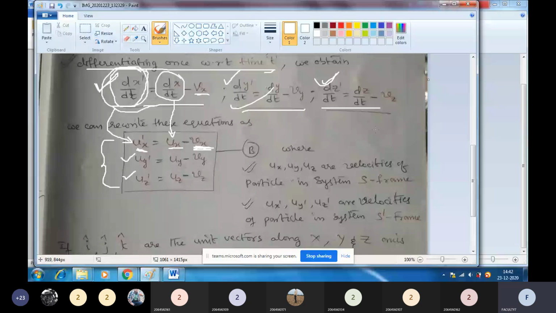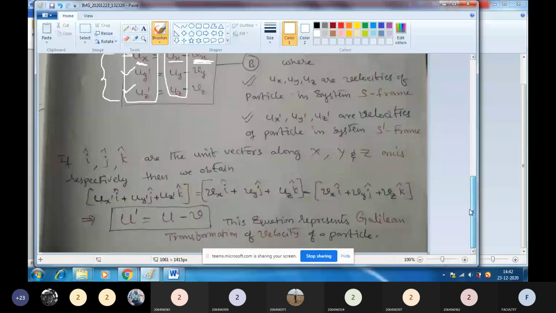Now you got the relation between the velocity in S prime, and here this is the velocity in terms of S frame. Okay, now if you write the resultant equation in terms of i cap, j cap and k cap, you can find the resultant equation like this.